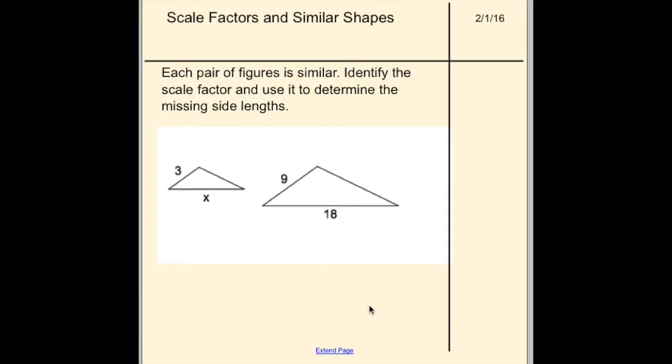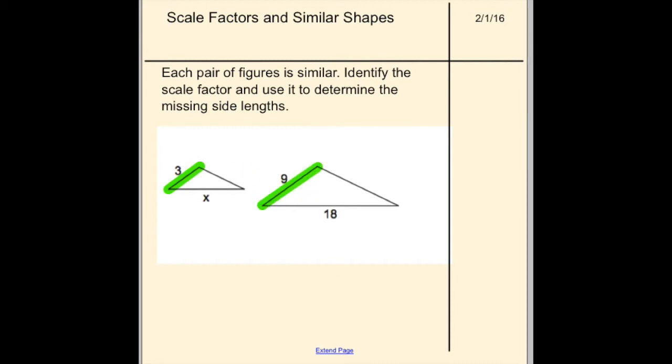Okay, so once we've learned how to think about these sides as relating to one another, we can start to think about how the small triangle grows to become the larger triangle. So let's first begin here by identifying the corresponding sides. So here, 3 looks like the shortest side of this triangle, so I'm going to look at this triangle, find its shortest side, and that's the 9.